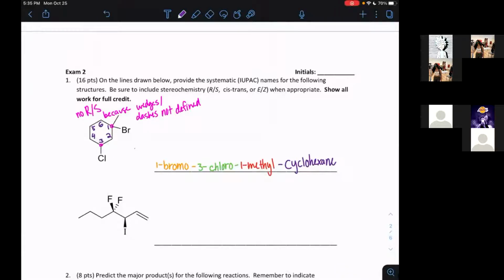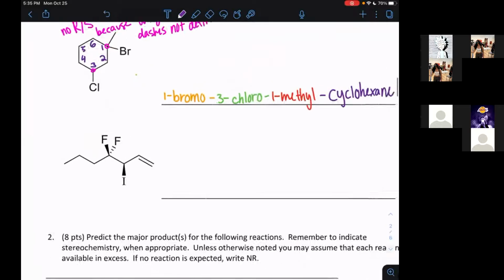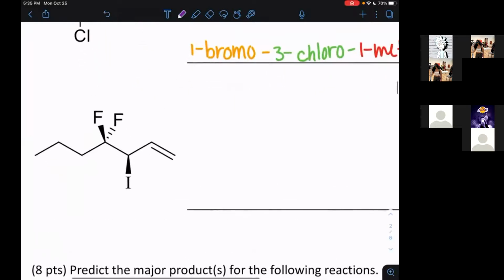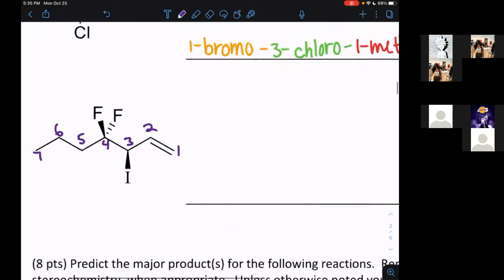I feel like that one was from earlier. So yeah. Okay. So then the next one. For numbering, you always want the alkene portion to be first, even though it wouldn't make any sense if we went that way. But yeah. So 1, 2, 3, 5, 6, 7.